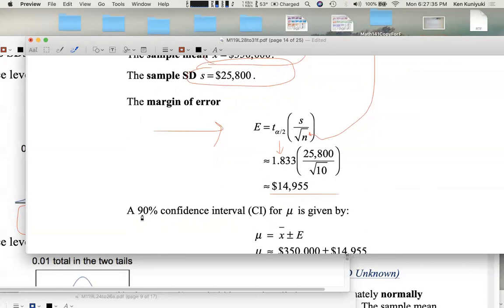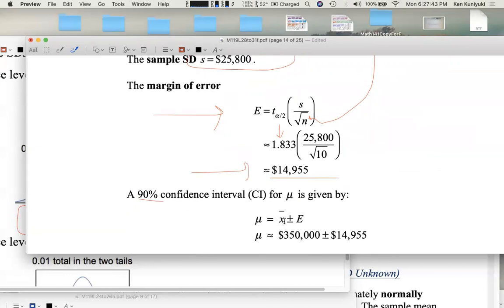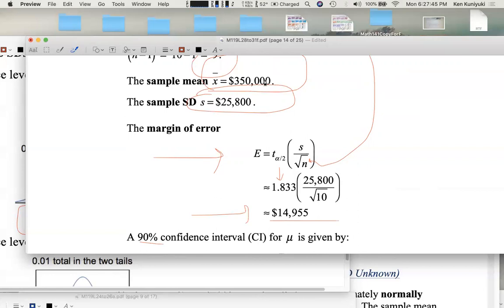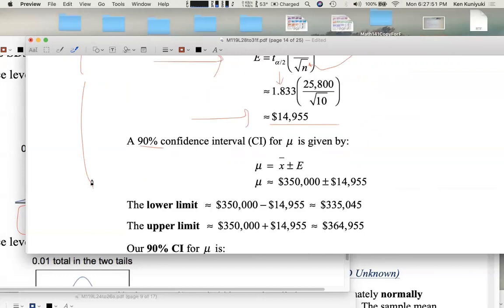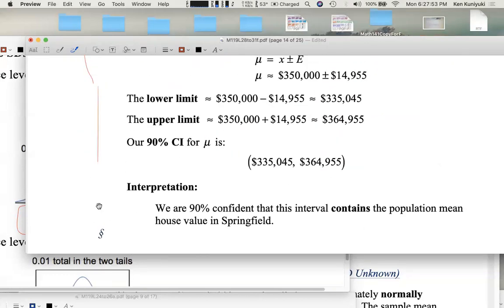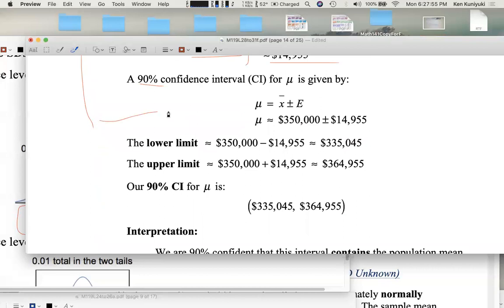So this is the margin of error for a 90% confidence interval. For a 90% confidence interval for mu, we take the sample mean, which was the $350,000, and plug that in here.